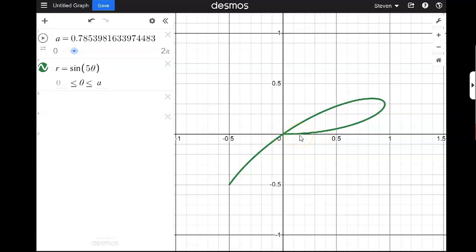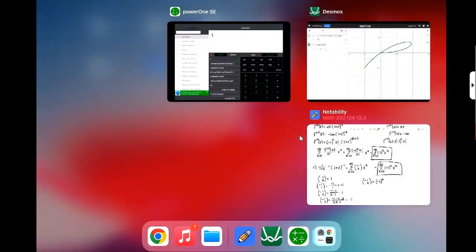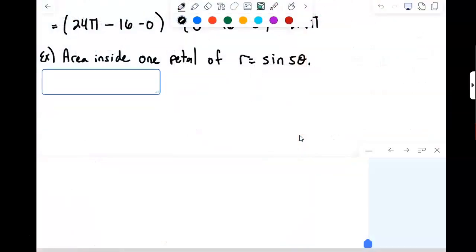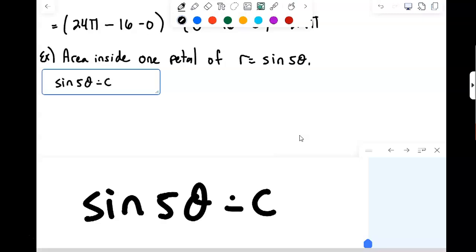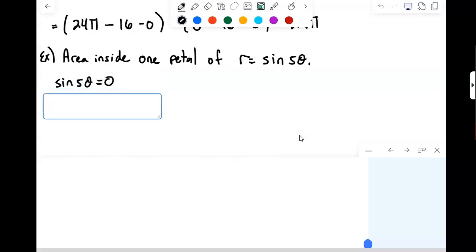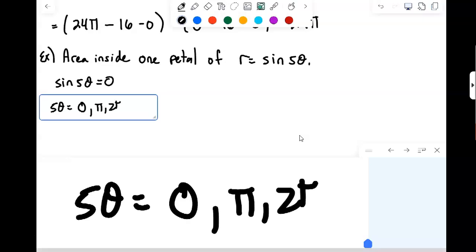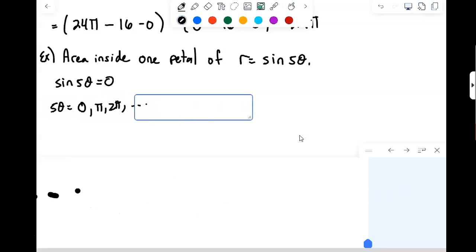So if we just look to see when is our radial function 0, when is sine 5 theta equals 0? That would happen at 5 theta equals the places that make sine 0, which is 0, pi, 2 pi, and so on.